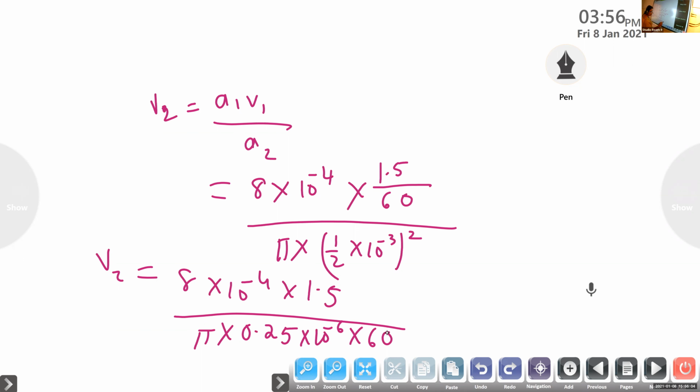And how many holes? Don't forget, it is not just one hole. There are 40 holes like that. So the total area of the holes will be 40 holes into the area of a single hole. Okay, so you will get this answer. Do it and see.